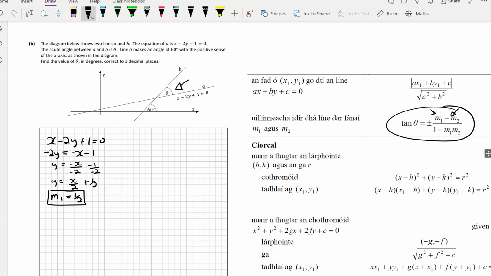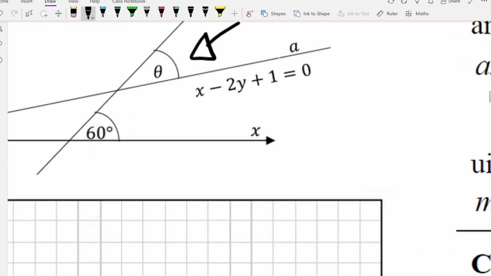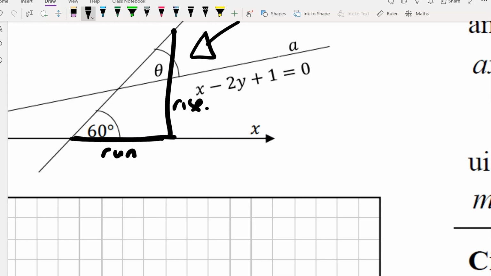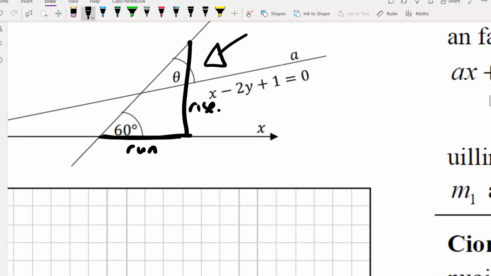Now we need the slope of line b. That's kind of tricky, but because we can see that it's making an angle with the x-axis here, I can find the slope of that line using rise over run. So if I pick a point here, and then here, and I call this my run, and this my rise, then I can find my slope.